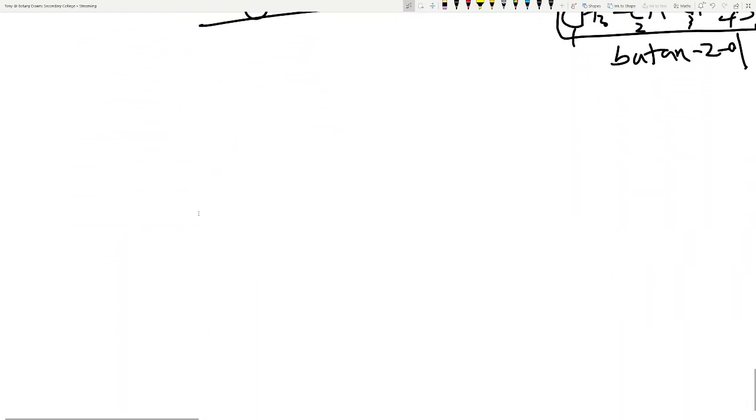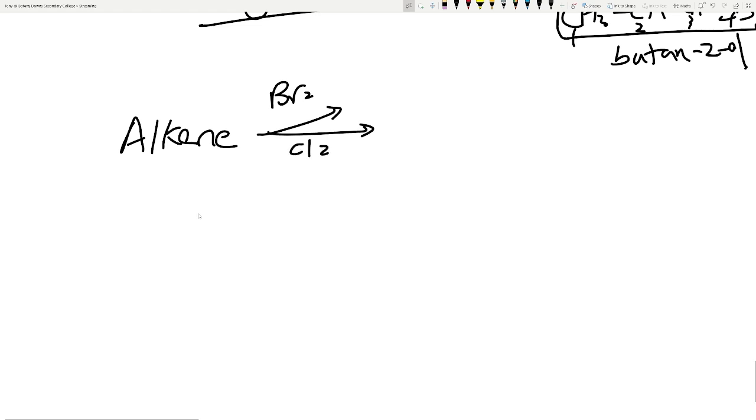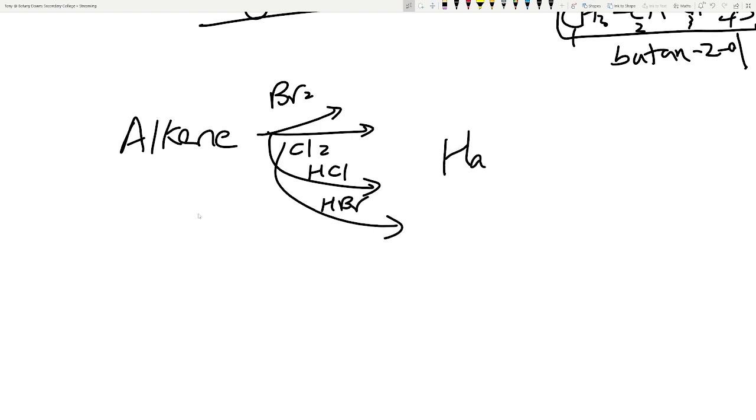Okay, so as you can see with my alkene, it depends on what you add. You can add Br2, you can add Cl2, you can add HCl, you can add HBr, and they all become haloalkanes.